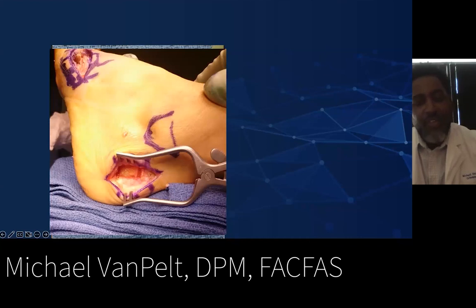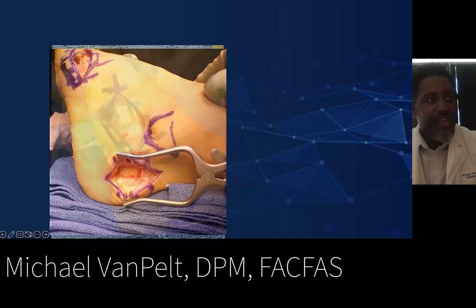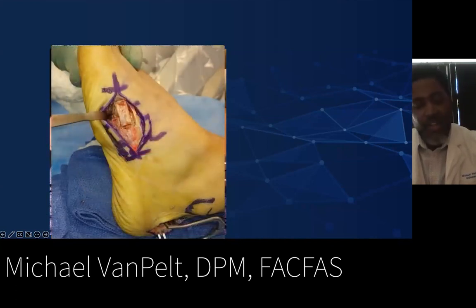And often, sometimes after I've done that, there's a defect. And so that's why I choose to use a more precise rectangular type structural graft, in which I'm fashioning and controlling the size rather than just going into bleeding bone and then looking at what I have left over and trying to go get what I need.